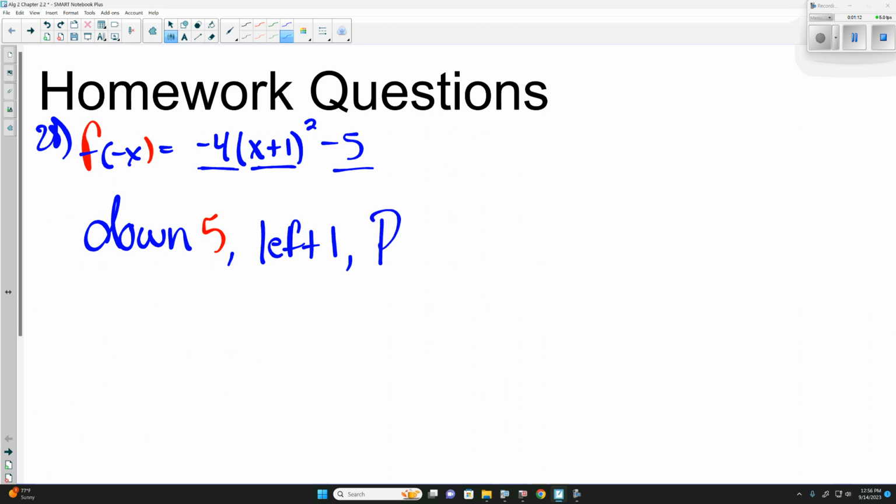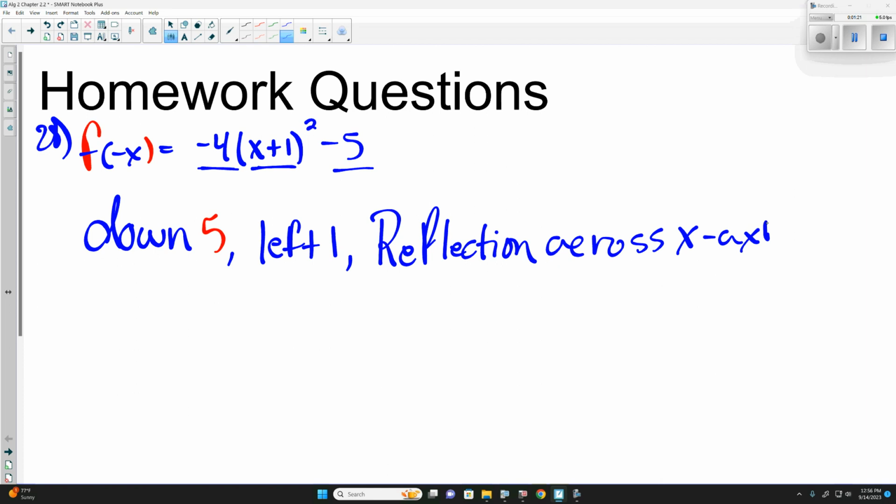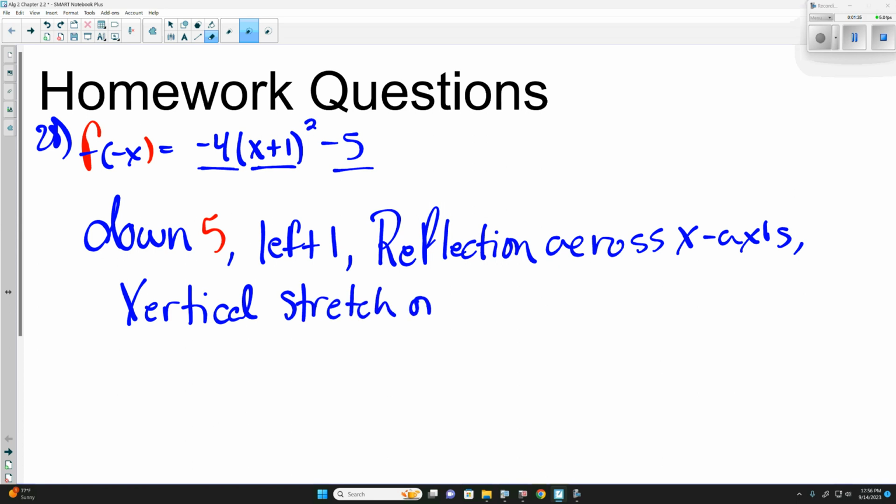The negative is a reflection across the x-axis, and the 4 is a vertical stretch of 4, because if it's greater than 1, it's a vertical stretch.